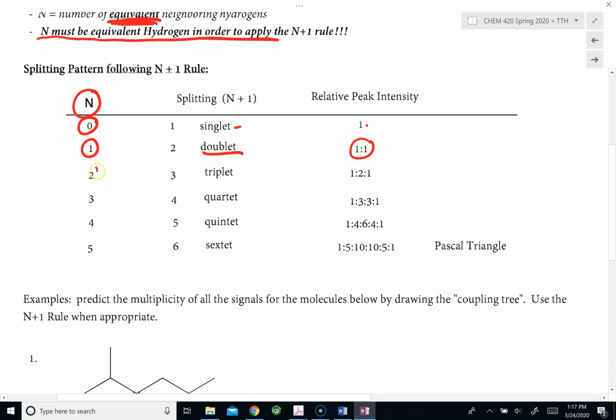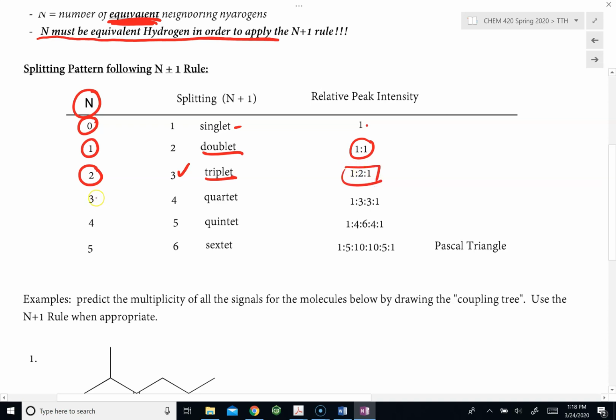If a hydrogen has 2 equivalent neighboring hydrogens, it will now split into a triplet, following the N+1, where N is now equal to 2. So we see 3 lines, and that is a triplet. And the relative intensity of this signal would be 1 to 2 to 1.